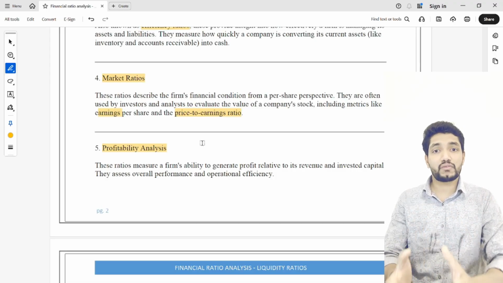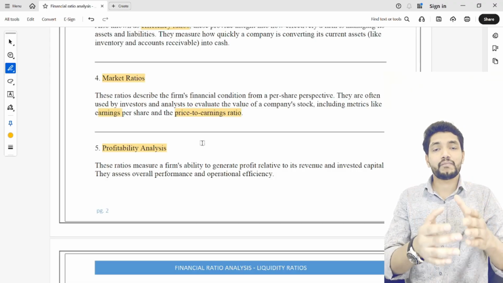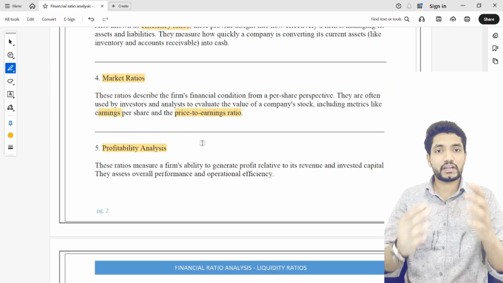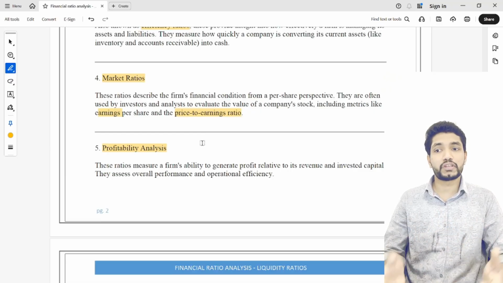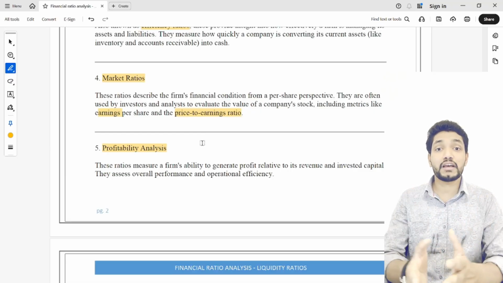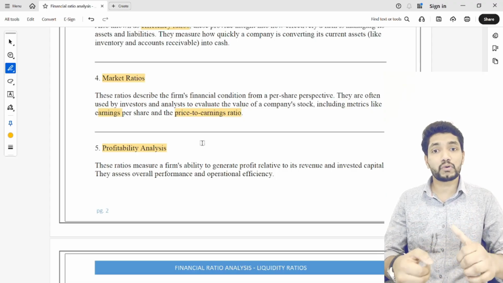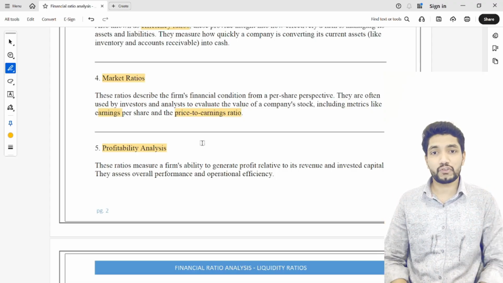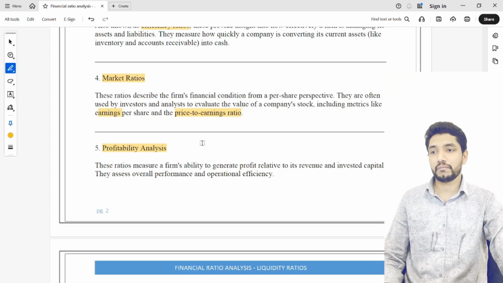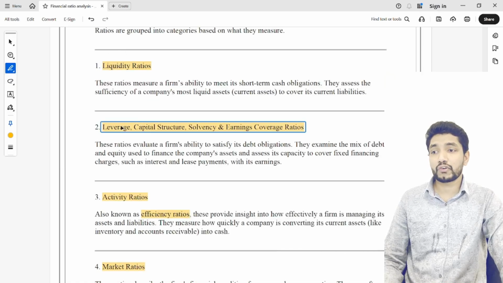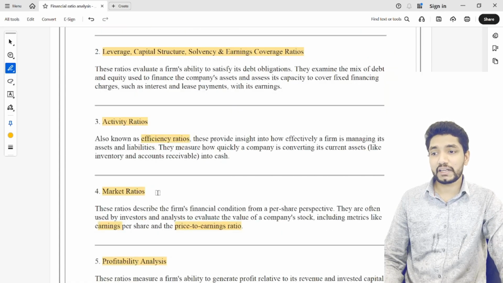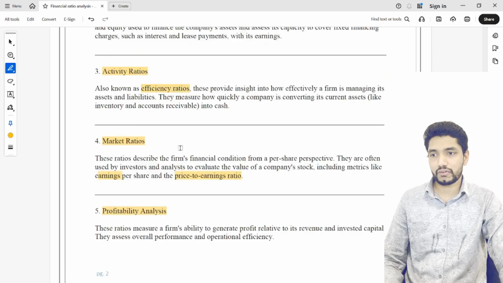I can compare these profitability ratios with the similar industry standard or similar companies to see how profitable this company is, or what areas need to be improved to improve the financial performance. So these are the key ratios: liquidity ratios, leverage ratios, activity ratios, market ratios, and profitability ratios.